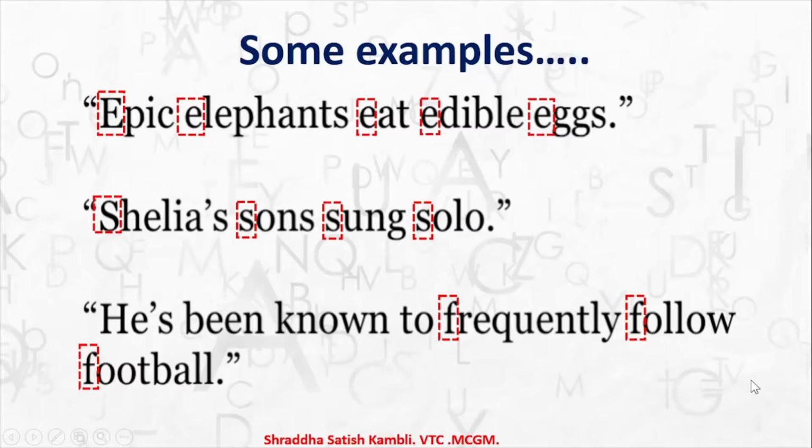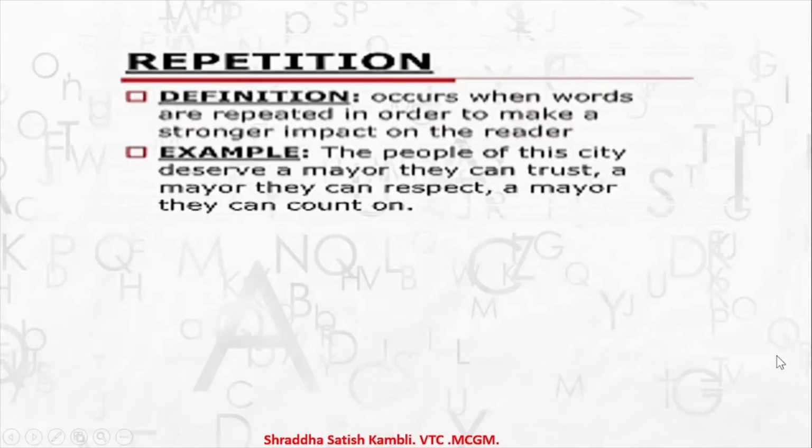Now let us move on quickly to the next figure of speech, which is repetition. This is so simple to understand. Repetition comes from the word repeat. When anything is repeated, it is repetition. In a poem, words will be repeated, because a poem is made up of stanzas, and these stanzas are made up of words.